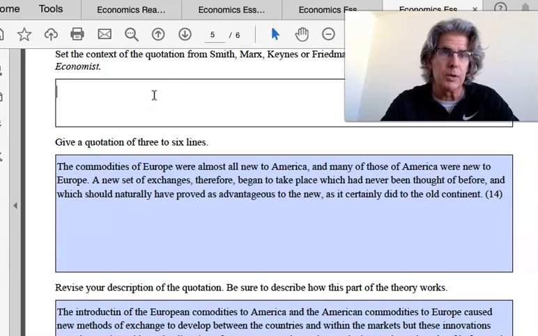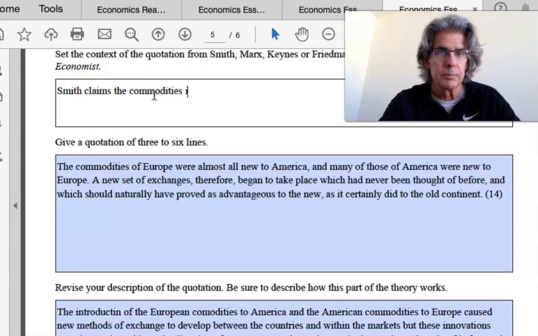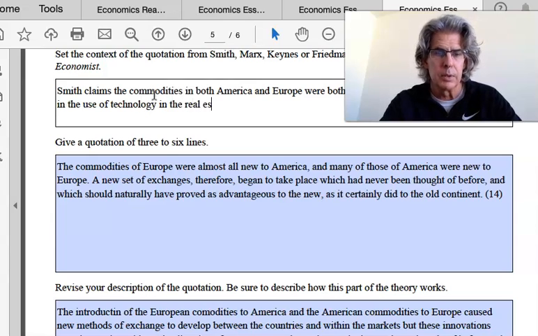And the new set of exchanges between America and Europe were new to each other, which we also see in the use of technology in the real estate market, as new things have been introduced.